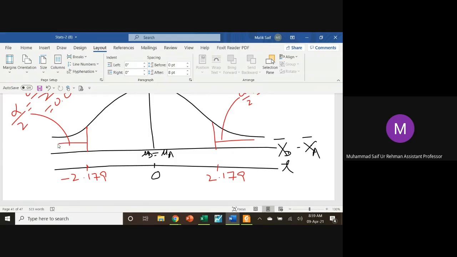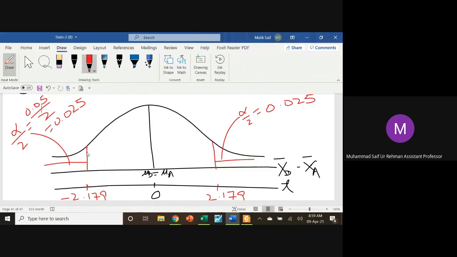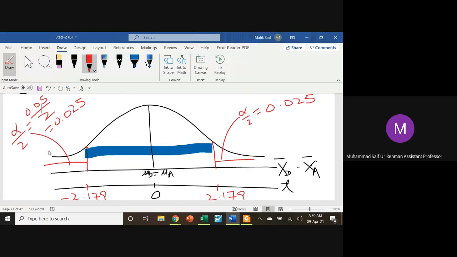Similarly, this region is the region where you would reject the null hypothesis, and the region that comes in between minus 2.179 and positive 2.179 is the region where you will remain unable to reject the null hypothesis, or the acceptance region. So this is the region where you would accept the null hypothesis, and these two regions are the regions where you would reject the null hypothesis.